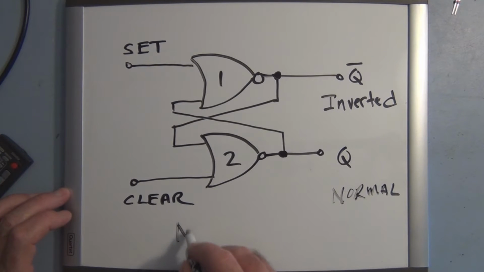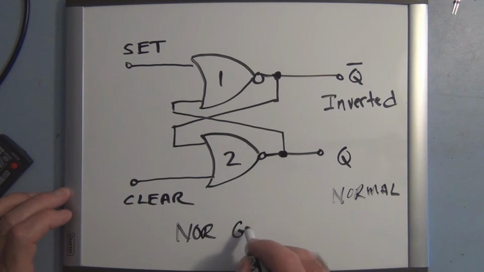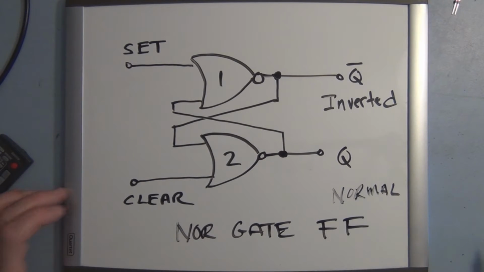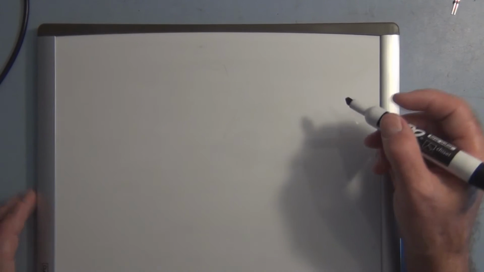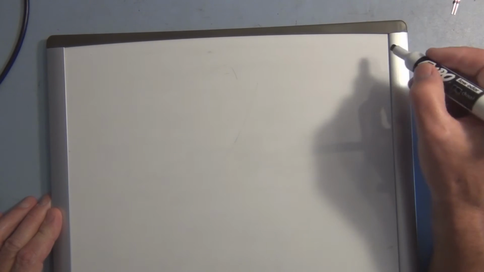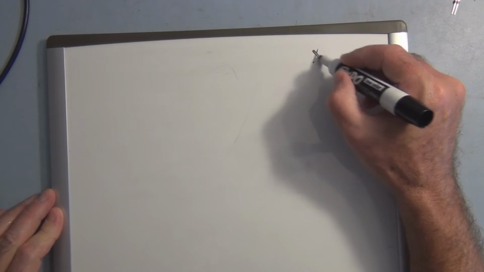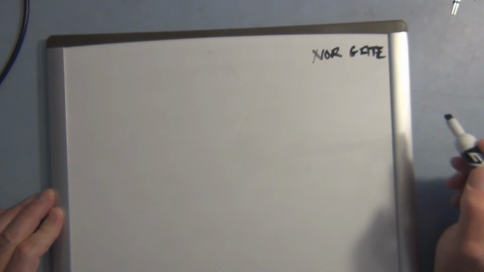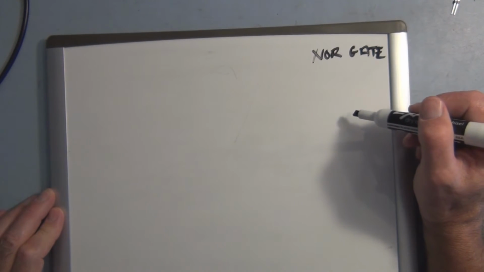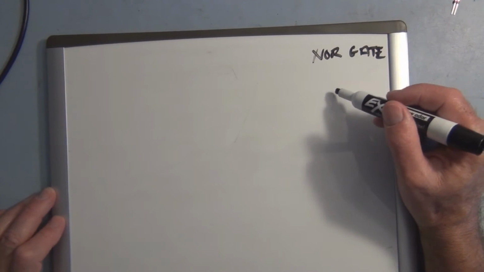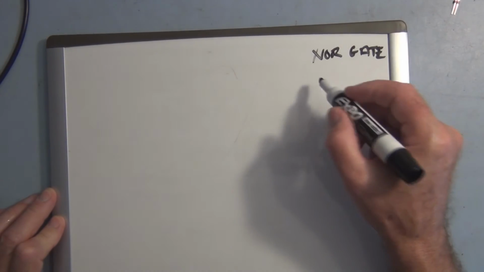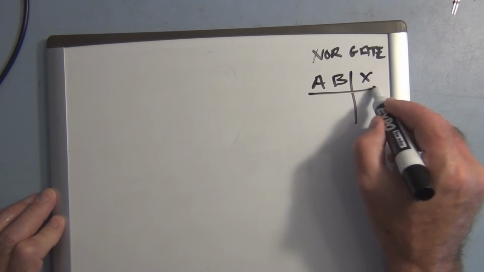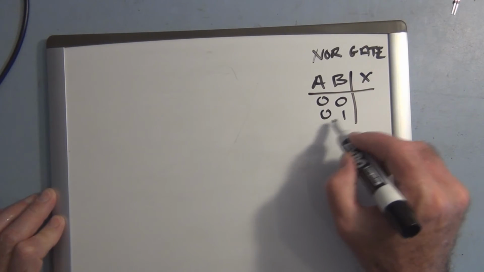So this is a NOR gate FF. Now for reference, let's put the truth table for a NOR gate. Recall the output is going to be high only when both inputs are low. So if this is A, B, and X: 0, 0, 1; 0, 1, 0; 1, 0, 0; 1, 1, 0.